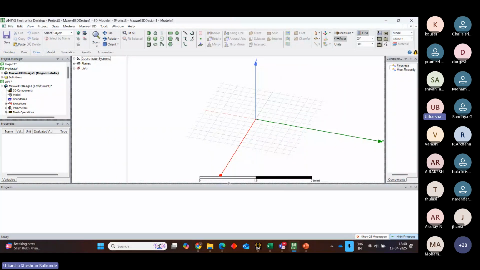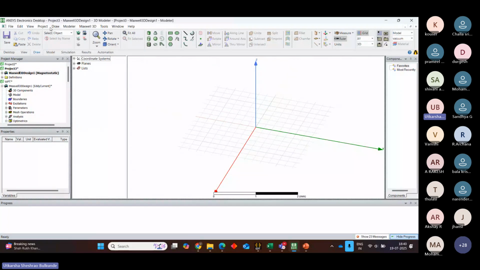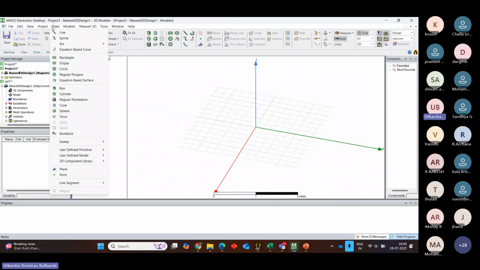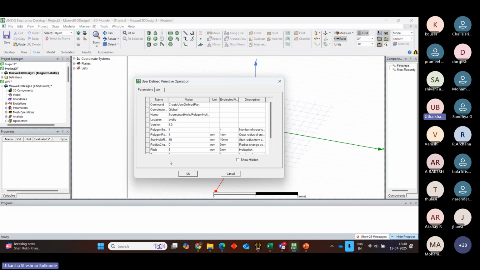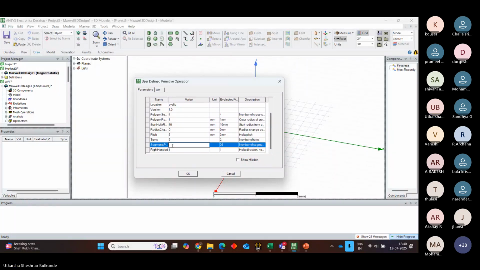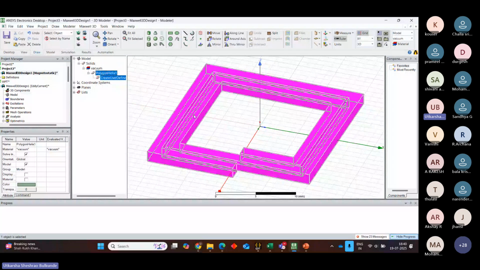A few things I want to tell first. If I want to make a square structure in spiral form, it is easy. You just have to change the number of segments to 4, and you can get a square structure like this.